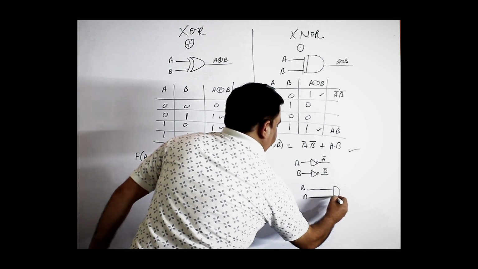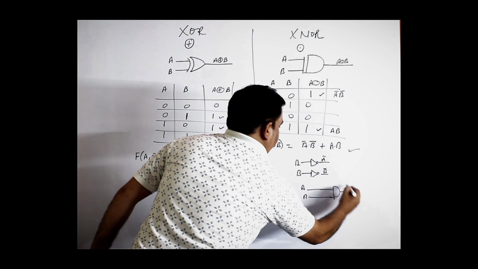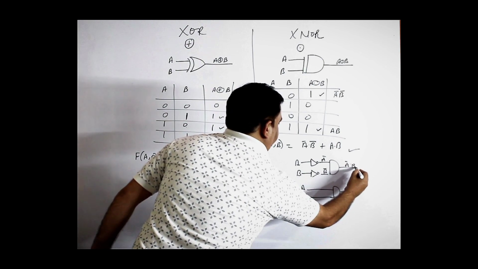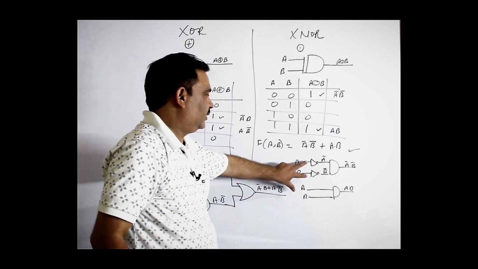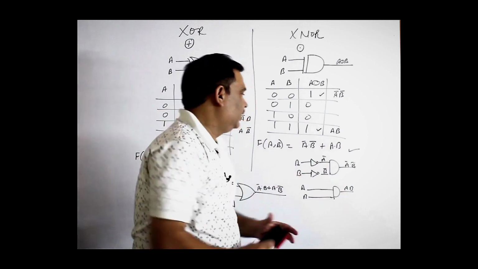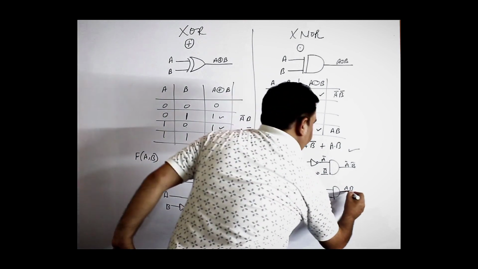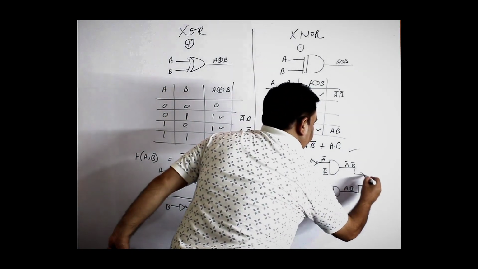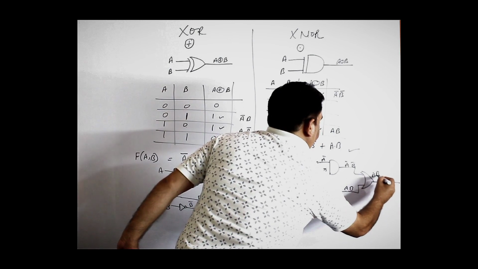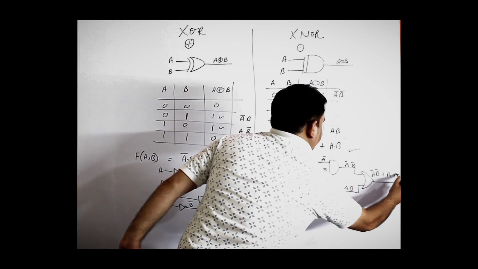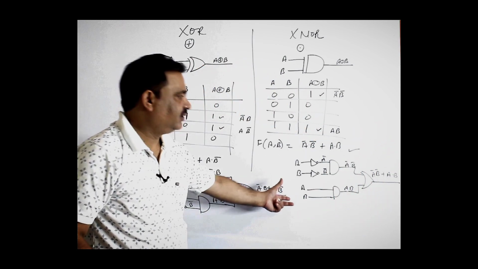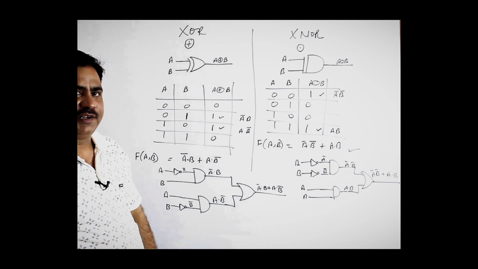Here is A dot B, and here is A complement dot B complement. This is the left term, and this is the right term, A dot B. Apply an OR gate between these two to get A complement dot B complement plus A dot B. In such a way you can draw the logical circuit.